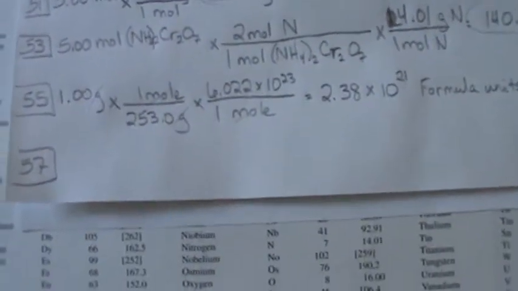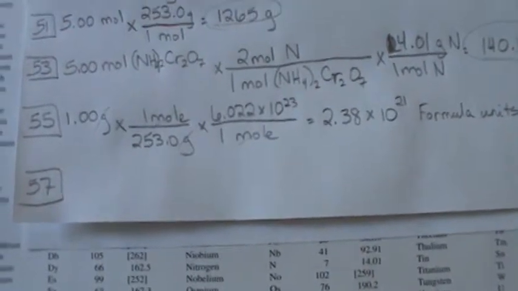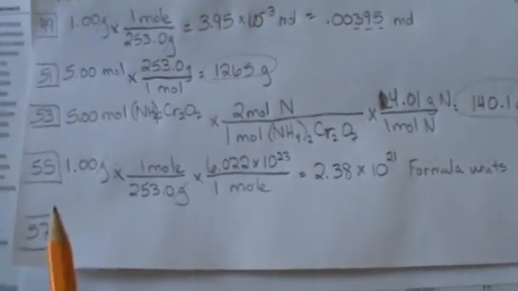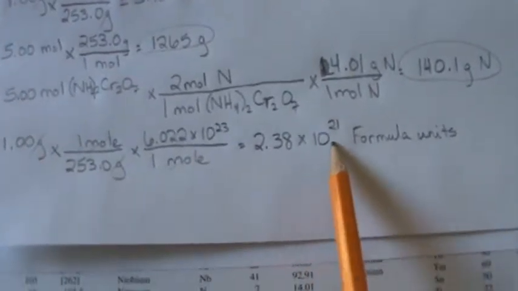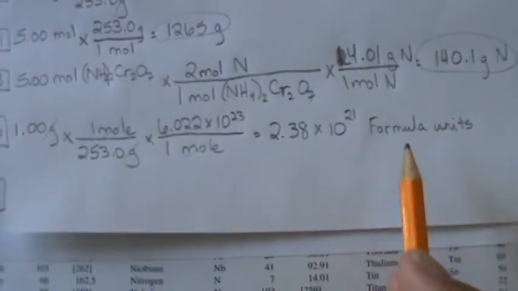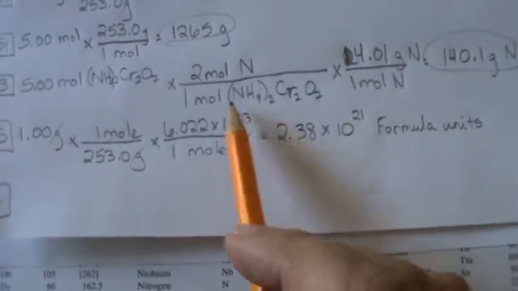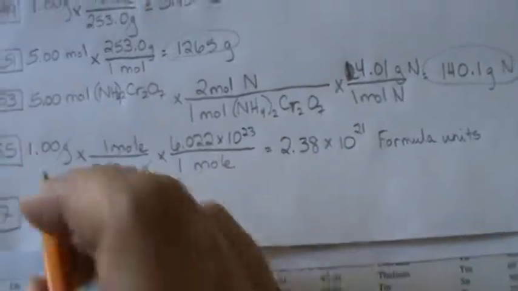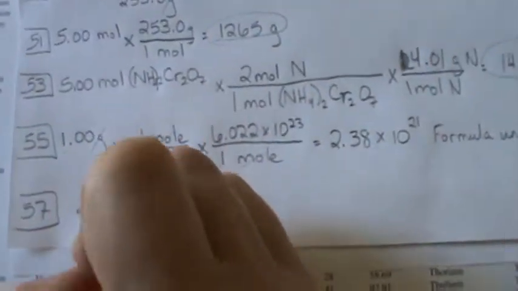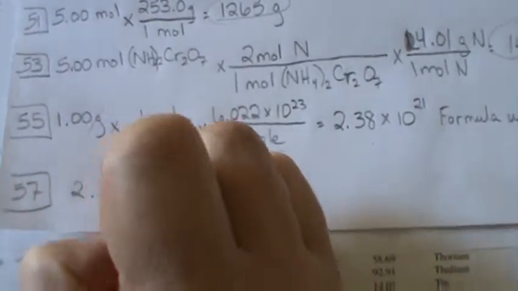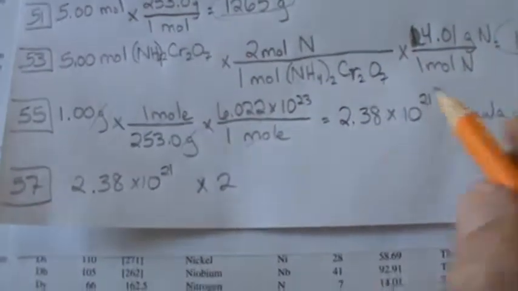This is 57, which asks for the number of nitrogen atoms in 1 gram. I had 1 gram, and I found that I had 2.38 times 10 to the 21st formula units. In every formula unit I have 2 nitrogens, so I can just multiply 2.38 times 10 to the 21st by 2, because there are 2 nitrogens in every formula unit.